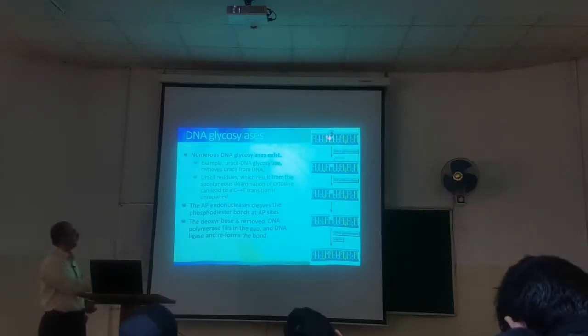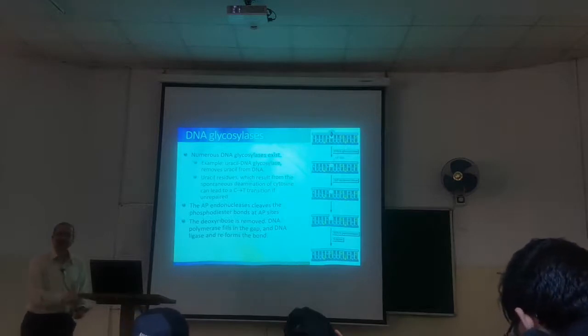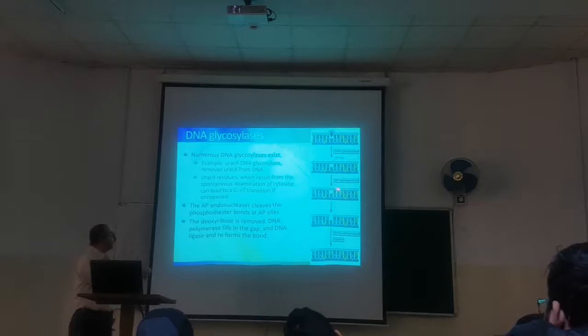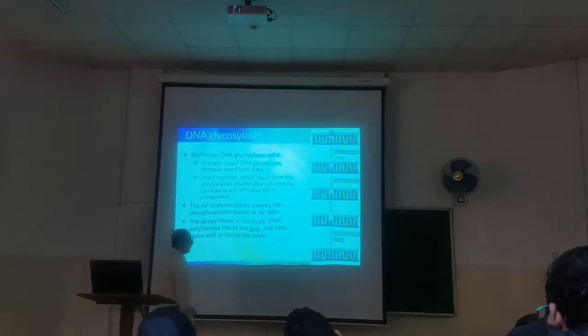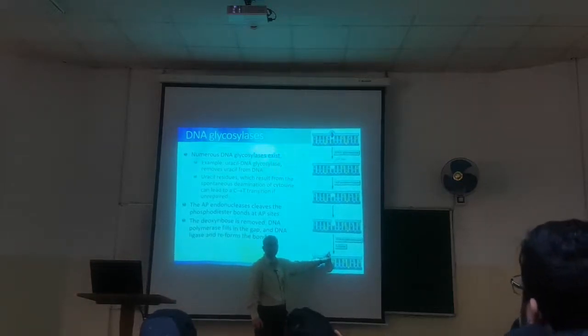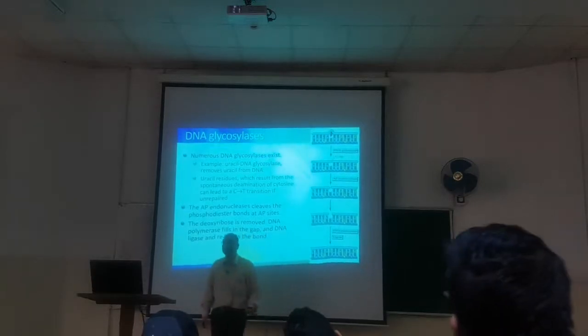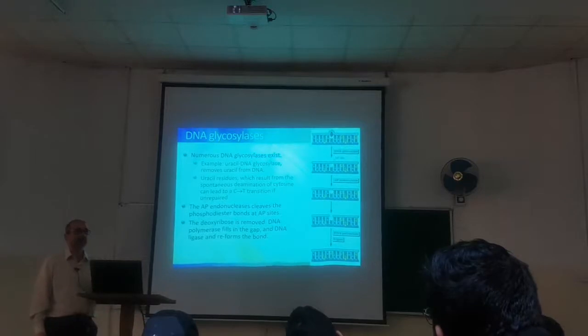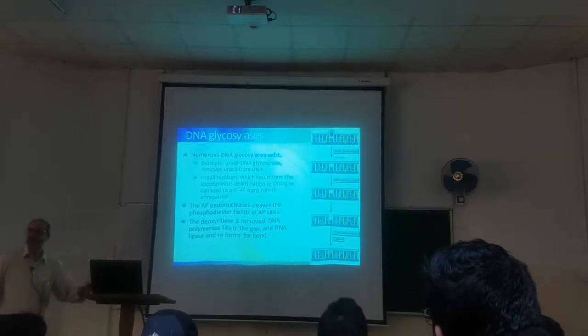It removes the base, uracil. Then an endonuclease comes in. It cleaves the phosphodiester bond, eventually removing the phosphate and sugar. Here you have a gap. It's filled in by DNA polymerase, and complementary to G, you have C. Problem fixed. Good? Any questions so far?